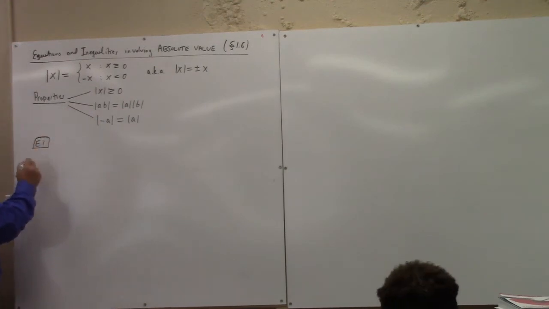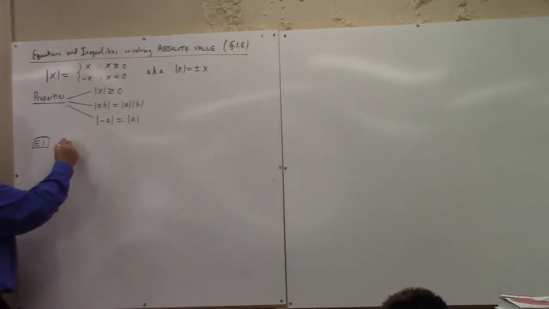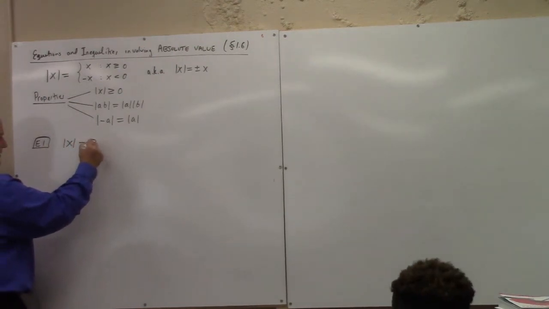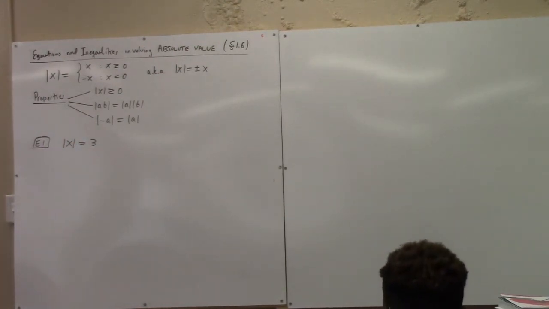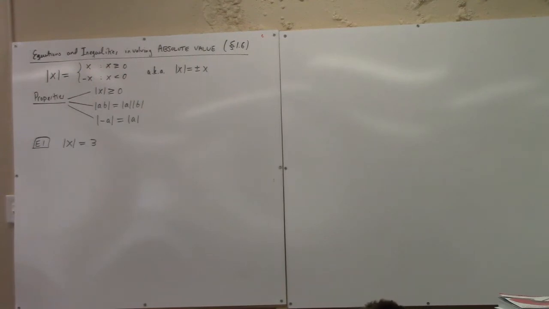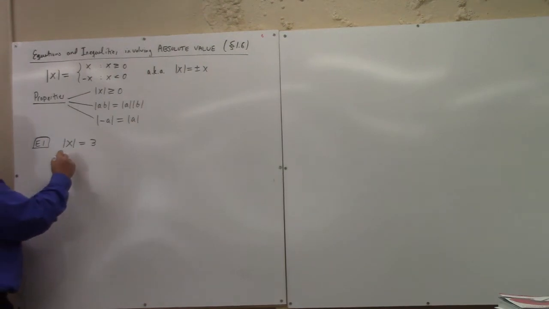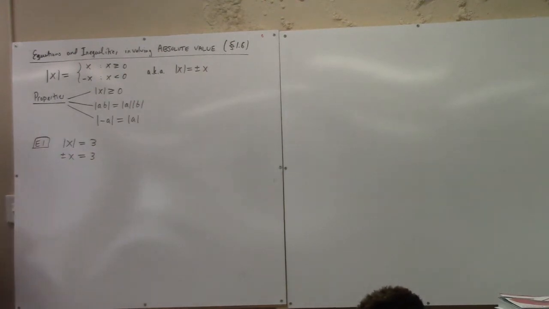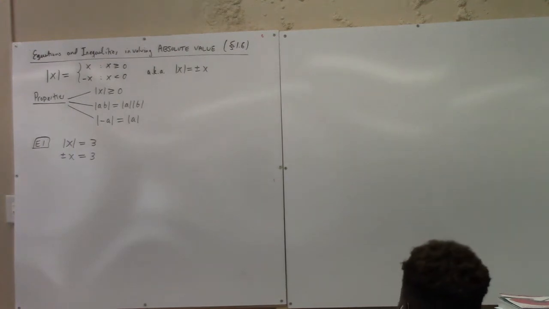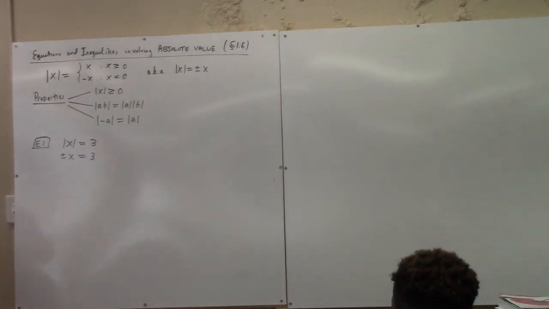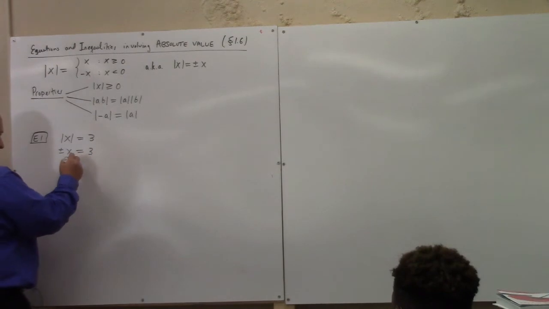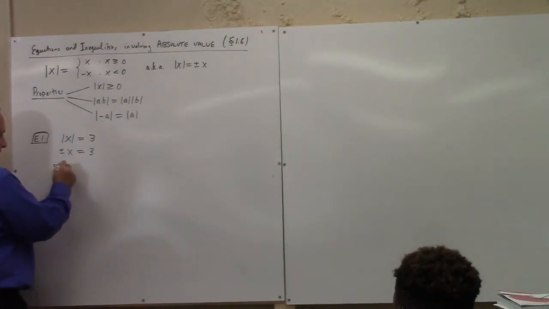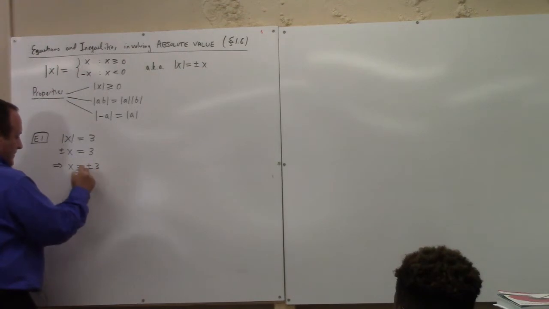Example 1, how about this? If we're going to solve the absolute value of x equals 3, how do you do that? This means that plus or minus x is equal to 3. So that implies that x is equal to plus or minus 3.